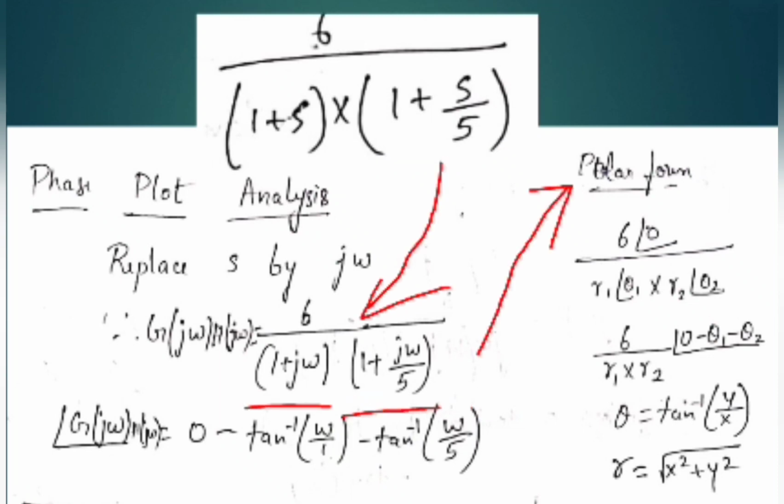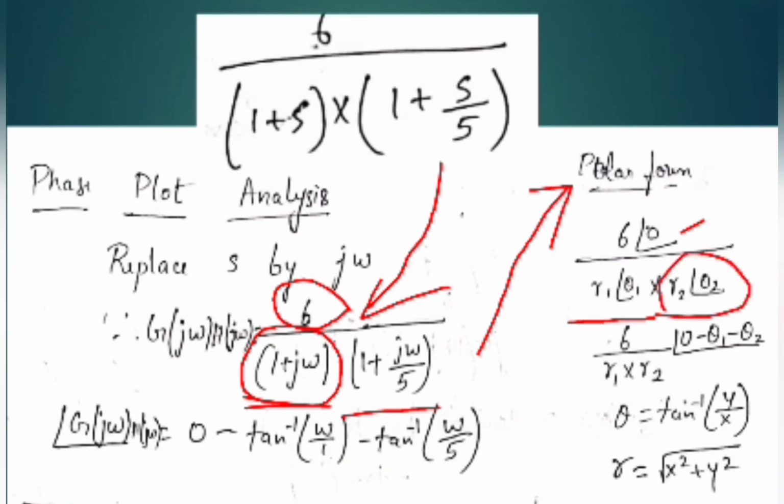So converting this equation into polar form, 6 becomes 6 at an angle 0, and in the denominator, converting to polar form we get a magnitude and angle. So let me assume that r1 at an angle theta 1 is the polar form for this particular term. And similarly for the second one, let us assume r2 at an angle theta 2.